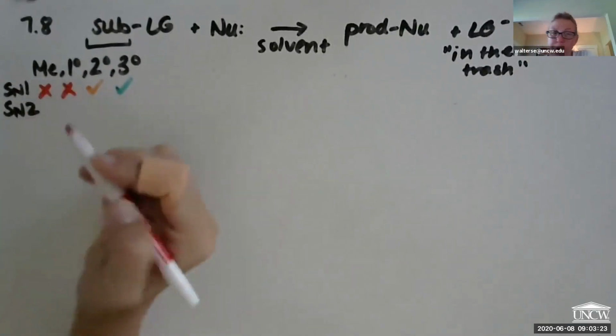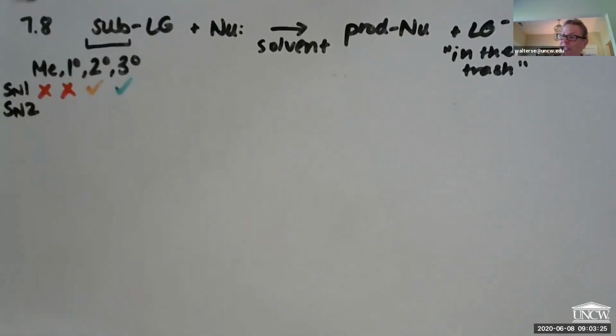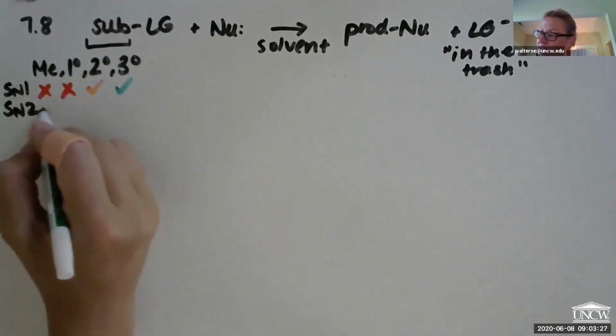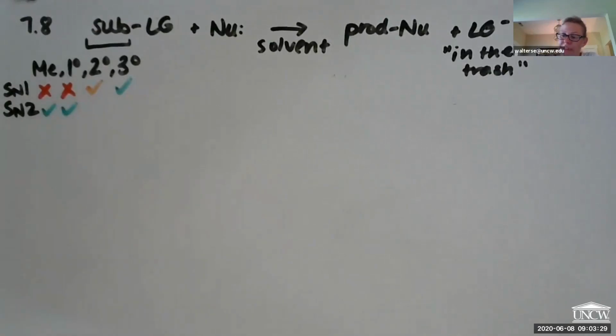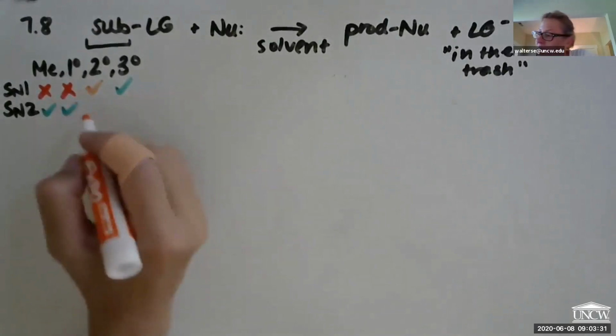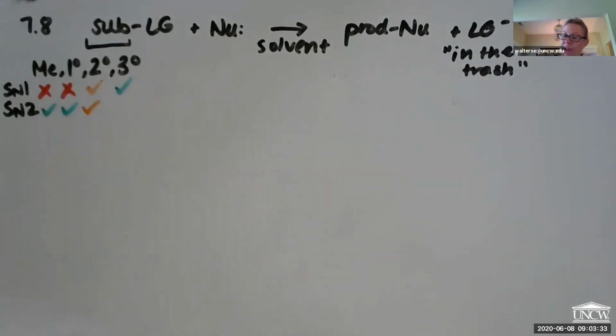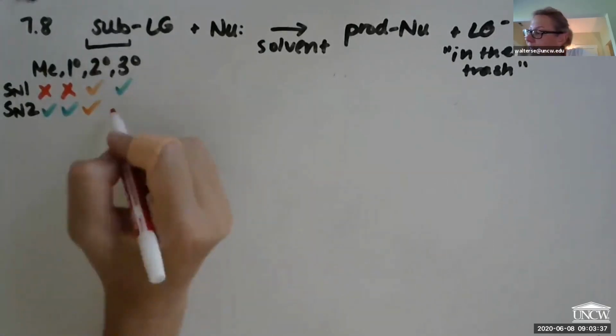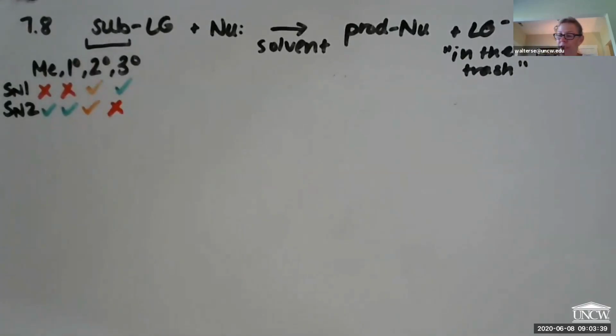Methyl and primary will not. For SN2, you need backside attacks, you need to have open substrates. Methyl and primary will work. Secondary might work depending on other circumstances. Tertiary won't work at all. So that's kind of where we are right now.